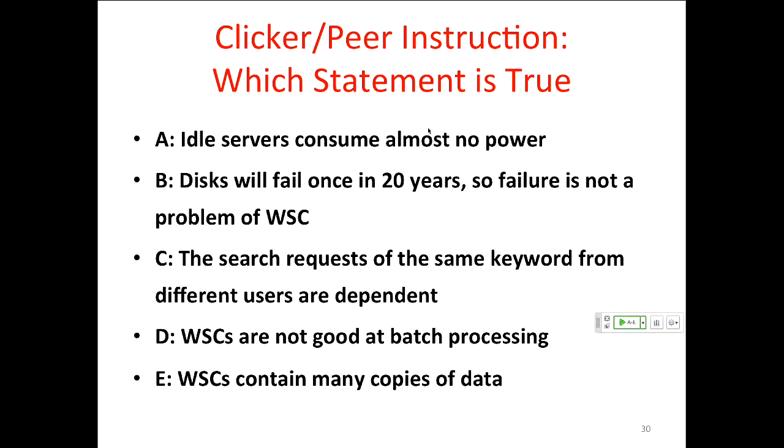It's not true, right? Actually, it's very good at batch processing. So the next topic is related to this kind of thing. And also, warehouse scale computers contain many copies of data. Yeah, this is the answer, to improve parallelism and to cope with a high number of failures in the system.